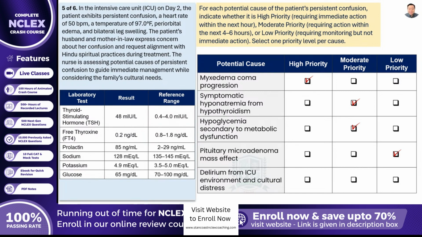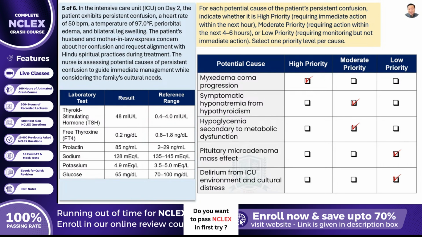Why do we put this as a low priority? It's because we should still respect the cultural and spiritual preferences of the patient and the family, which is also part of the holistic care. But from a medical standpoint, this isn't what's primarily causing her confusion.